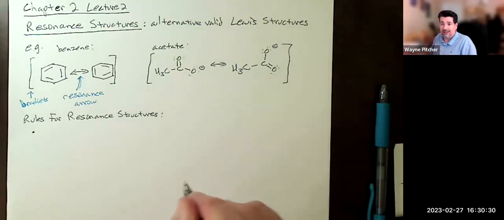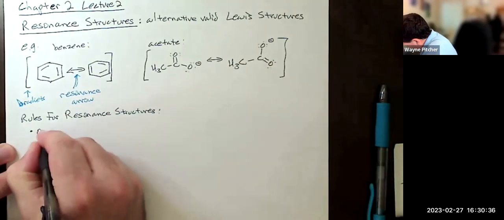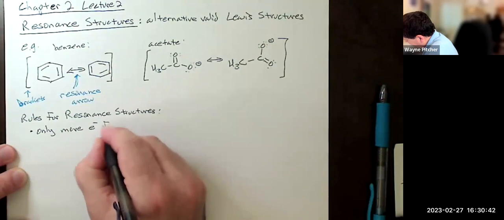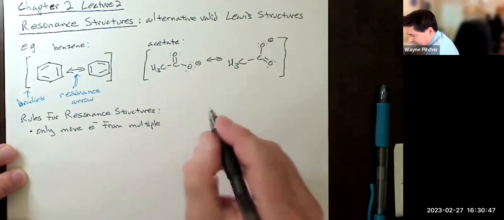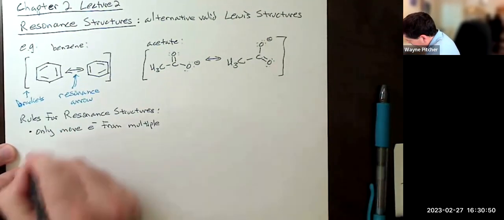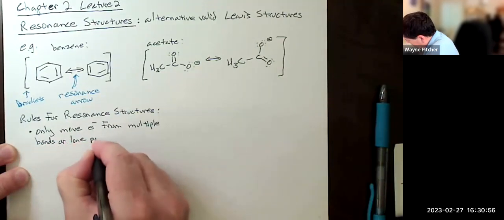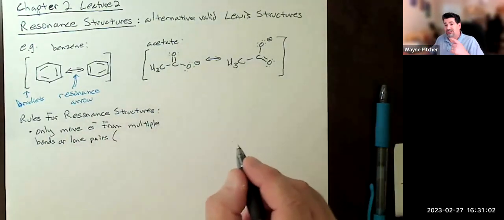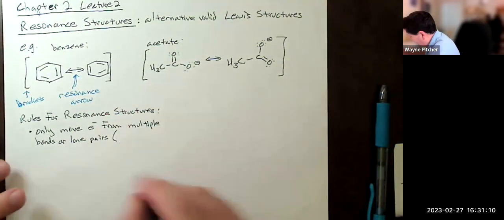So we're not going to break any single bonds. Another way of saying this is that we are going to pretend that the atoms are fixed on the page or on the board or whatever. So we're going to pretend that our atoms are fixed.